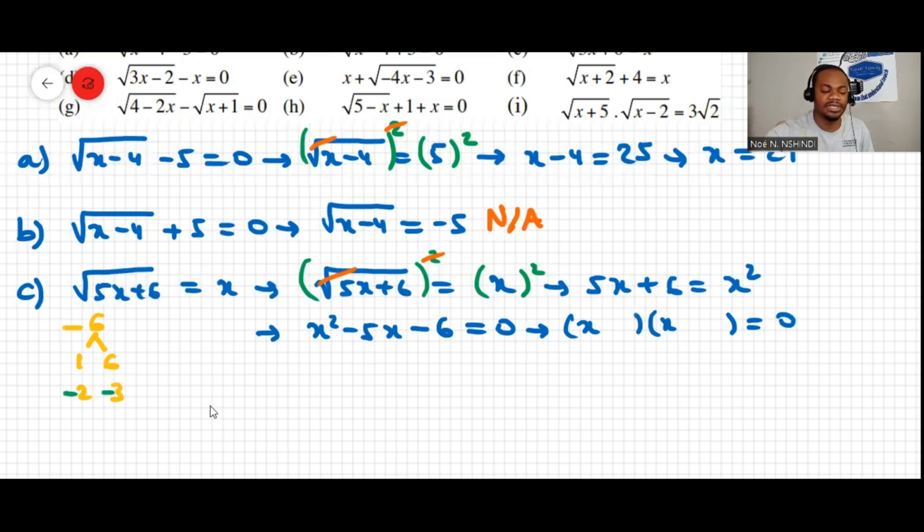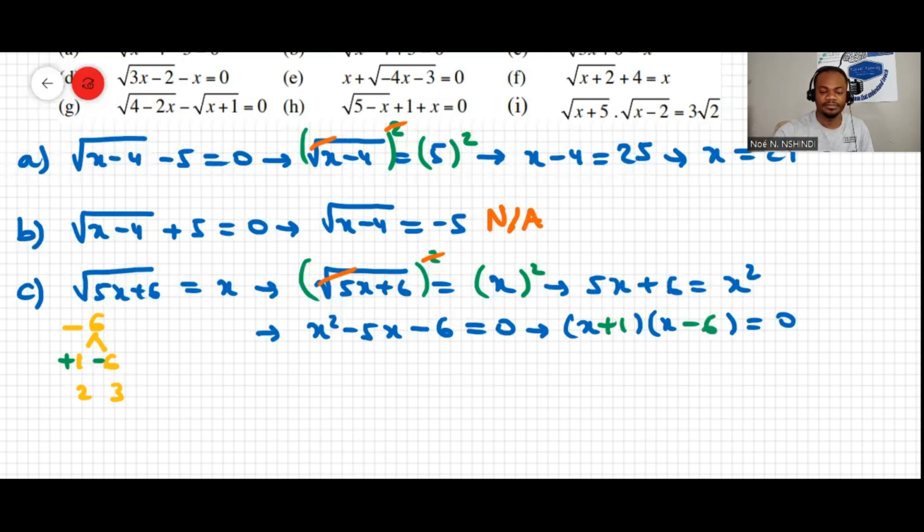But check this out. -2 times -3 doesn't make -6, but makes +6. We need the -6. So we cannot take -2 and -3. But we can rather take +1 and -6, because 1 minus 6 makes -5, and 1 times -6 makes -6. So over here, we can just place in +1 and -6.